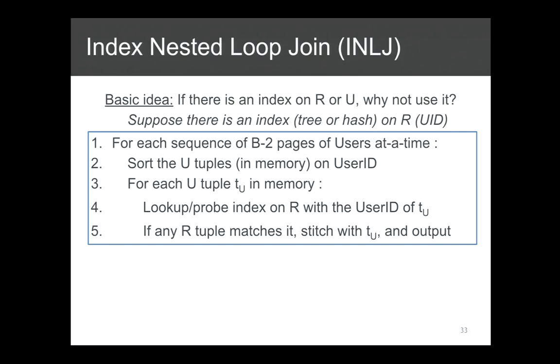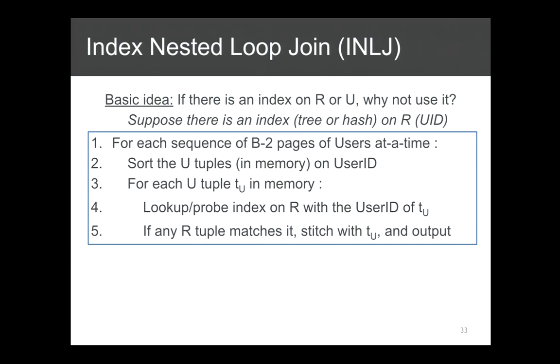Probe basically is a search operation on the index. The search cost for the index we already saw. For a hash index, the probing is basically constant time. For a B plus tree index, it's logarithmic time. And if any tuples that you retrieve based on the index match it, stitch it with this tuple of U, write it out to the output buffer, and then flush it out to the file.